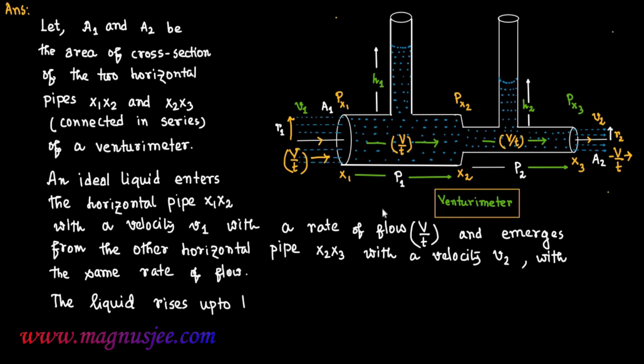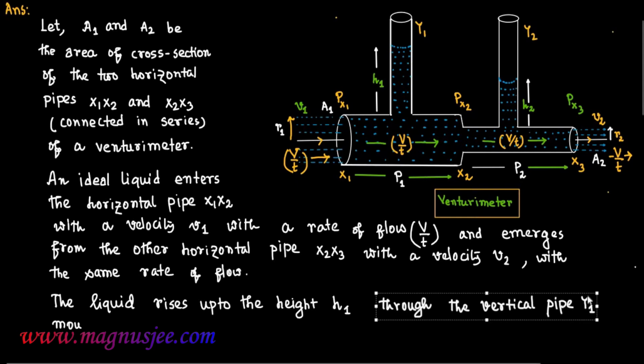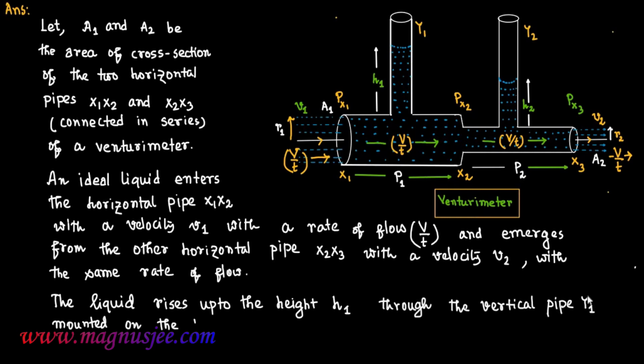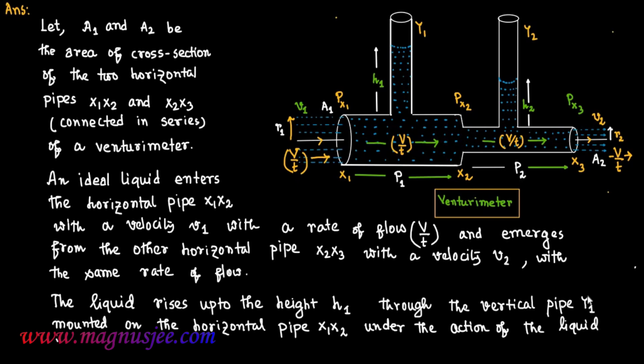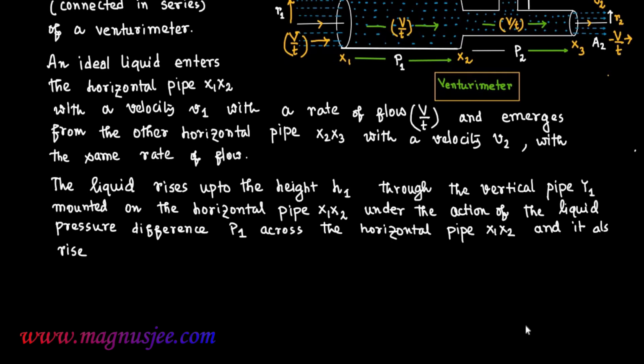That means the rate of flow of liquid through the two horizontal pipes will be the same, and the liquid rises up to the height h1 through the vertical pipe Y1 mounted on the first horizontal pipe X1X2, under the action of liquid pressure difference P1 across the horizontal pipe X1X2.